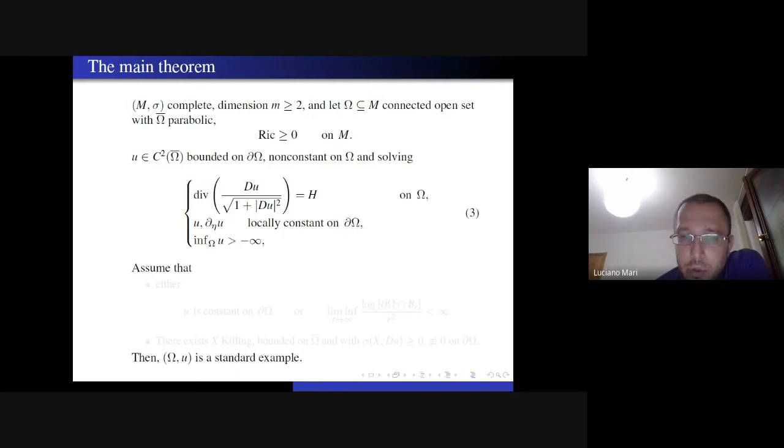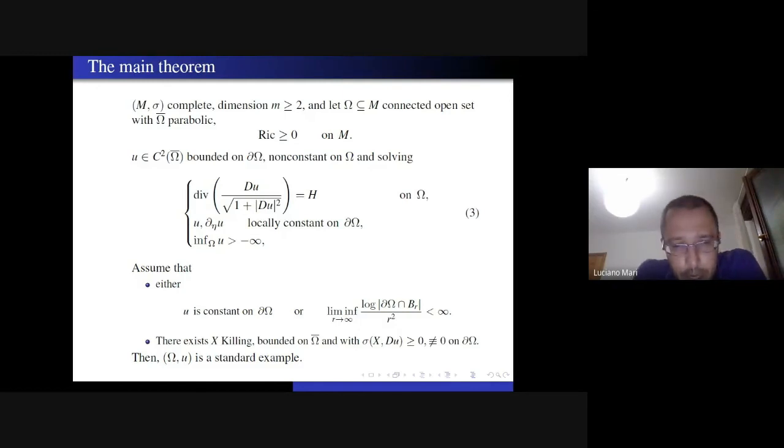We assume two things. Either u is constant on the entire boundary, or the area of the boundary does not grow faster than quadratic exponential. It's a mild assumption on the boundary. And this is a little bit more binding. We need the existence of a Killing field on omega bar, which is transversal to the boundary data.